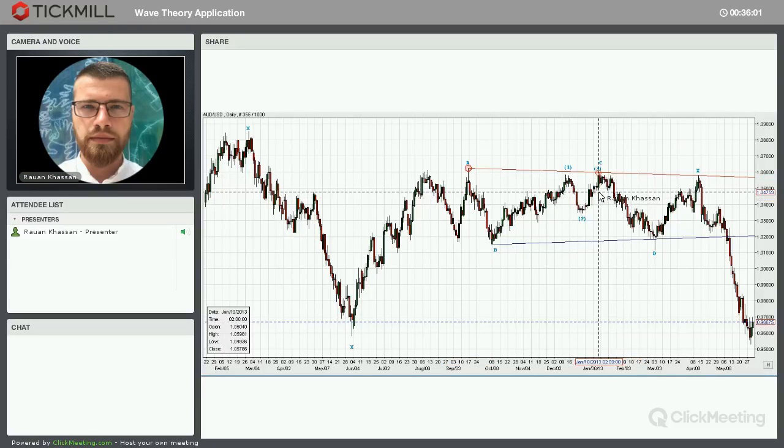The top of wave 3 was made on the 10th of January 2013 at the level of 1.0598, and gave us a projection at price level 1.0578 that worked on the 11th of April of 2013.